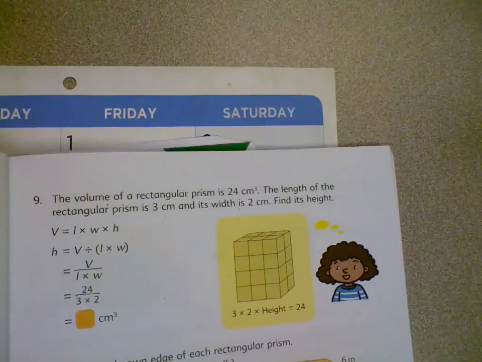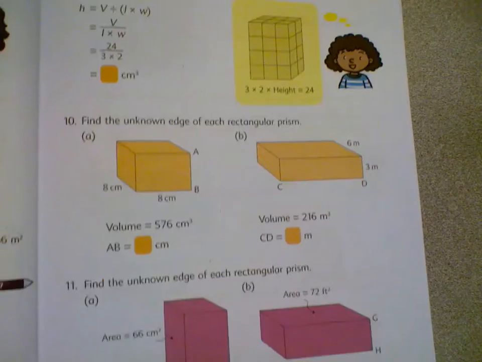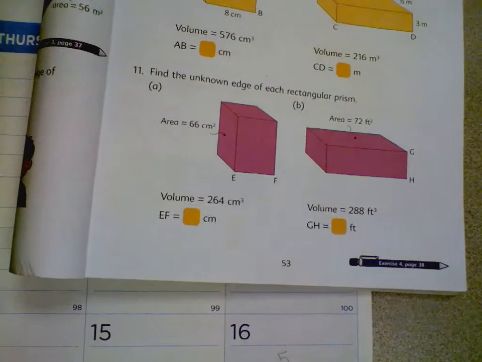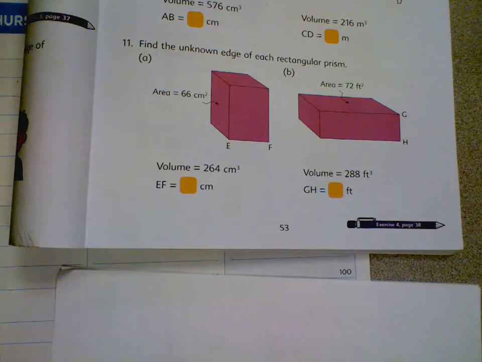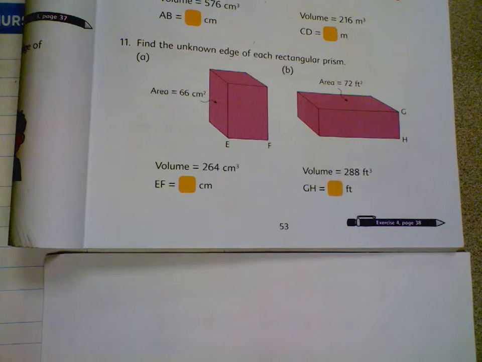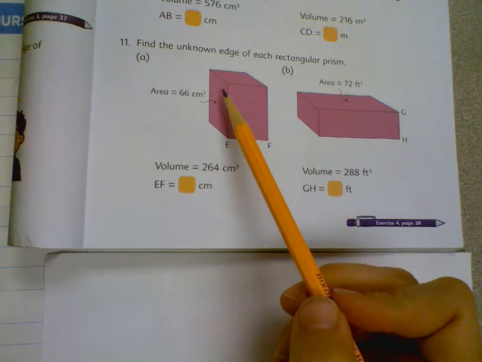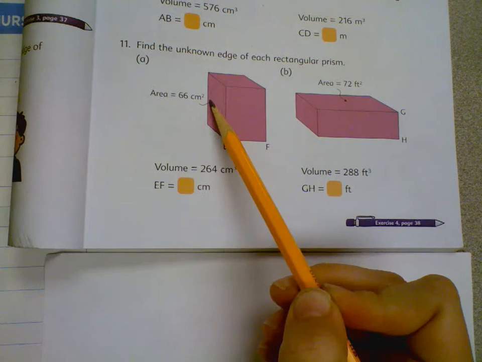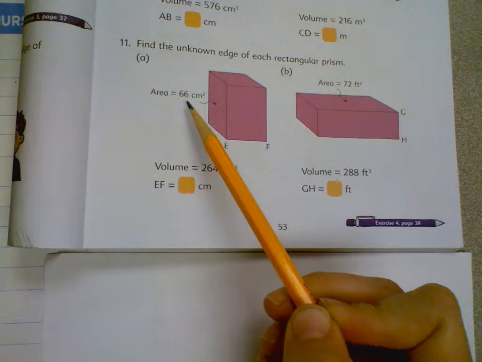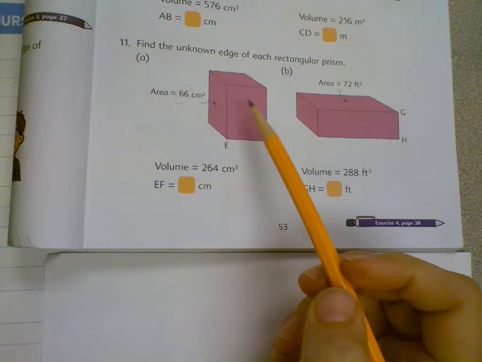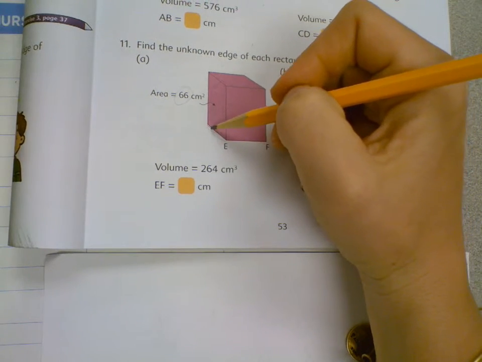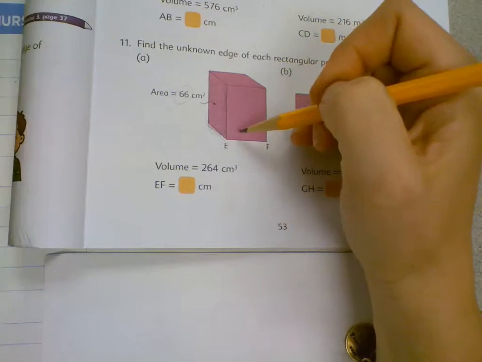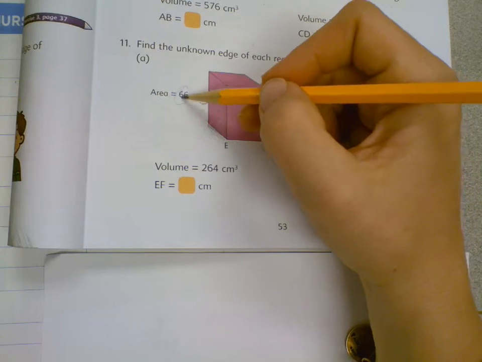All right, the next one. Let's go down to a problem similar to this. We're combining a lot of our lessons from this chapter. The first thing I noticed is that the area of this face of my rectangular prism is given to me, and that's 66. That means that this side times this side together, so length and height, or width and height, however you look at this problem, I already know together equals 66.